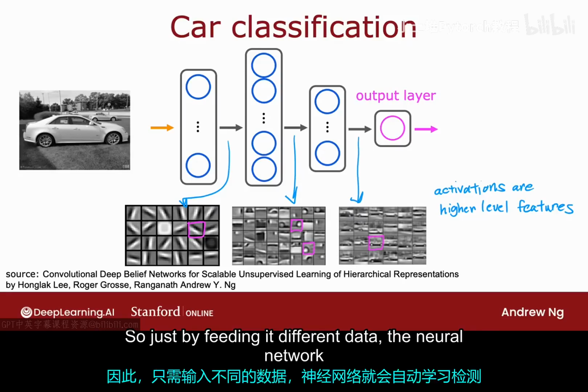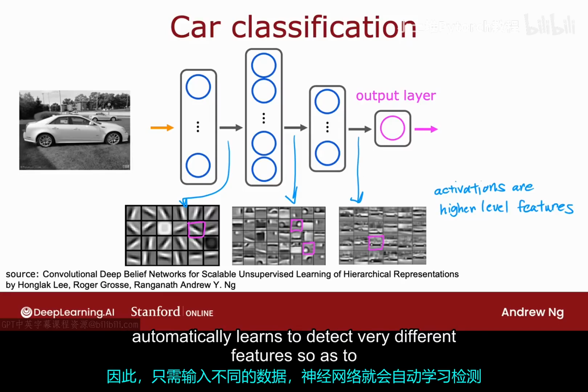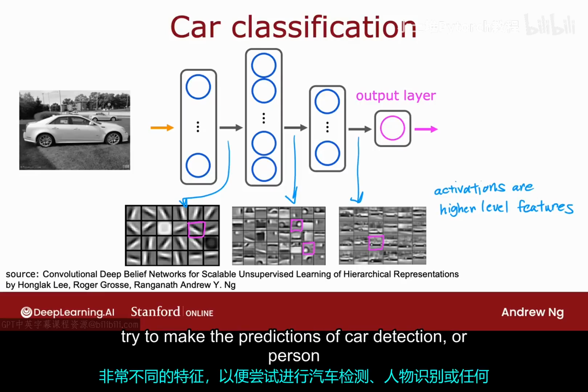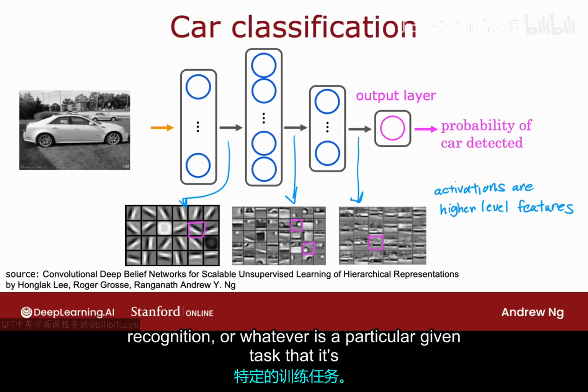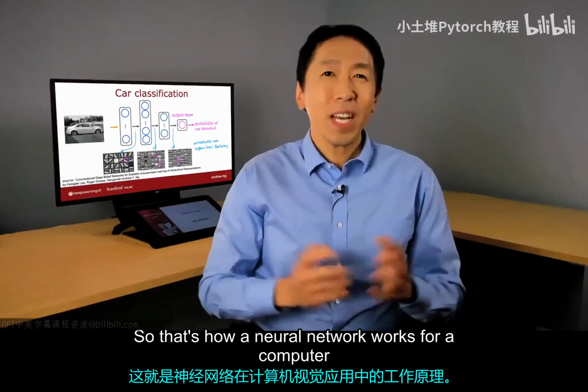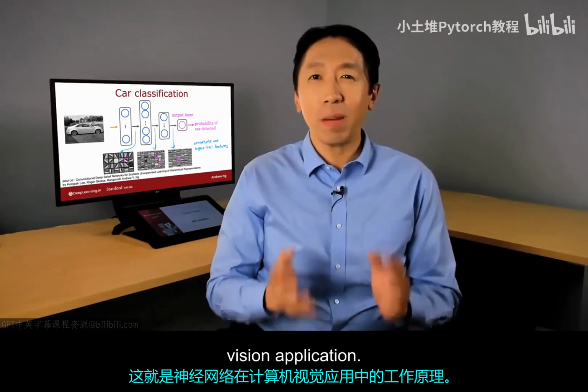So just by feeding it different data, the neural network automatically learns to detect very different features so as to make the predictions of car detection or person recognition or whatever is the particular task it is trained on. So that's how a neural network works for a computer vision application.